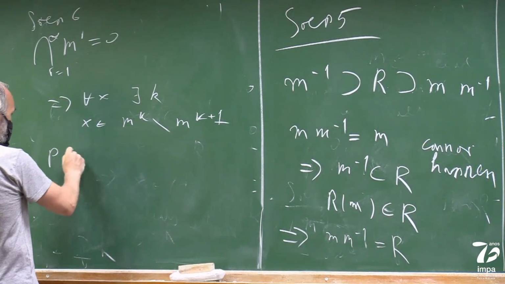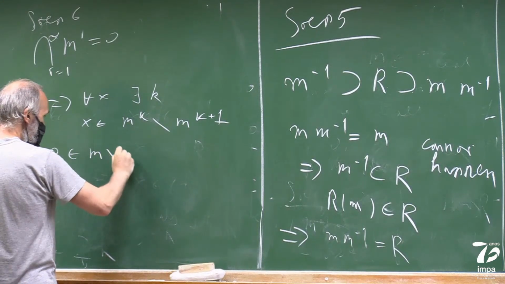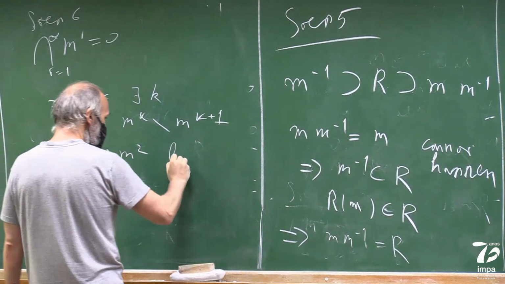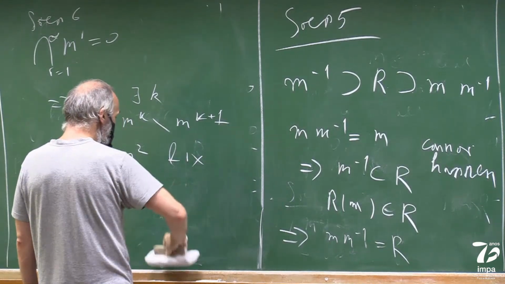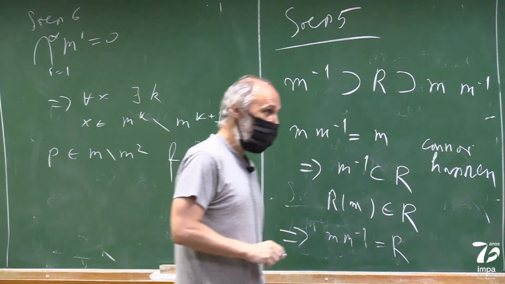I fix p inside m without m squared. In a moment, we shall see that it is a generator of the maximal ideal.